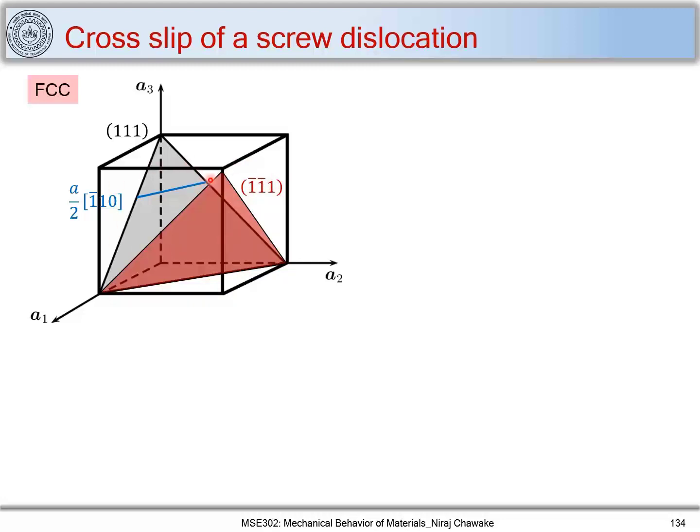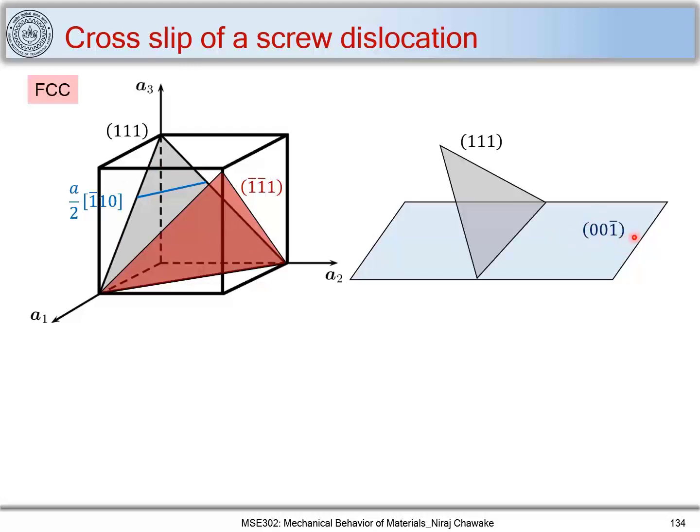Now when I see this situation, I can draw a schematic over here. So this is our 00 bar 1 plane, and this is the 111 plane which is marked over here, and this is the dislocation which I have mentioned, and this is the bar 1 plane. And when I apply some shear stress along the Burgers vector and this dislocation moves, it may cross slip on this plane now.